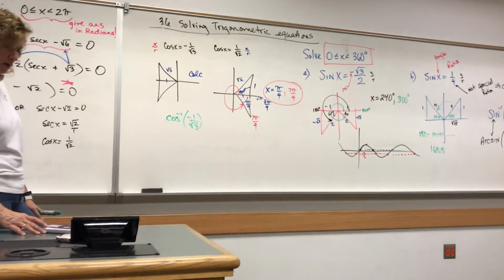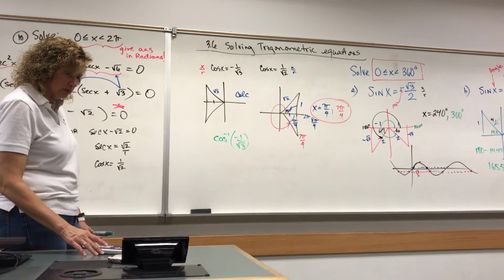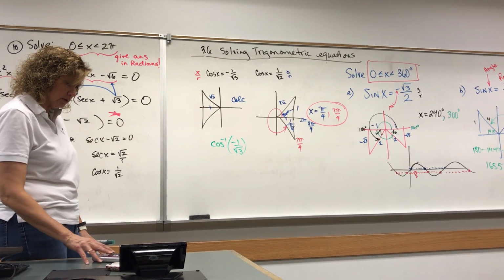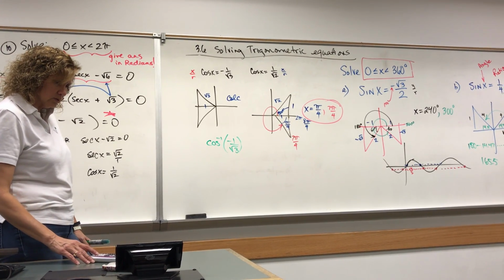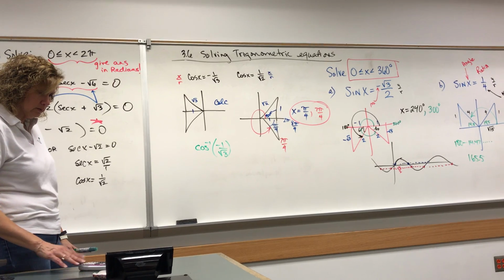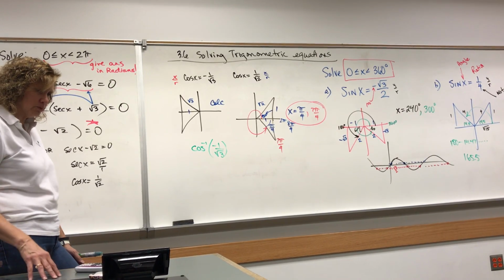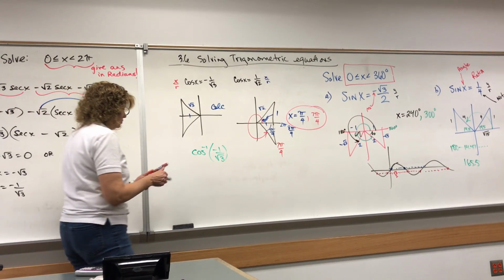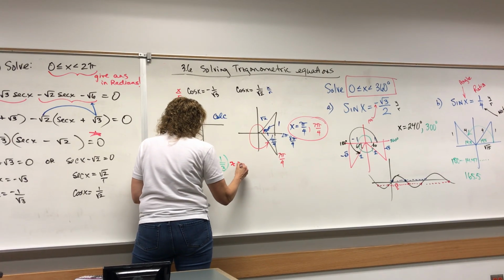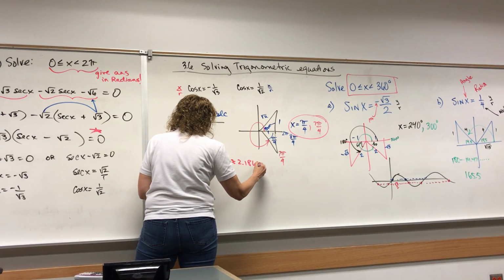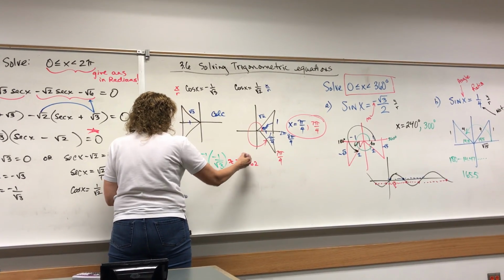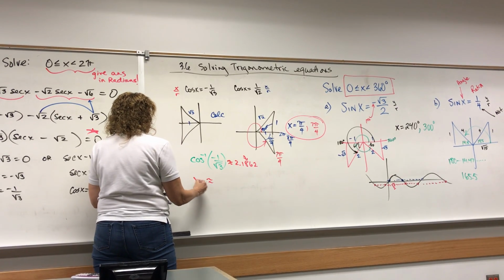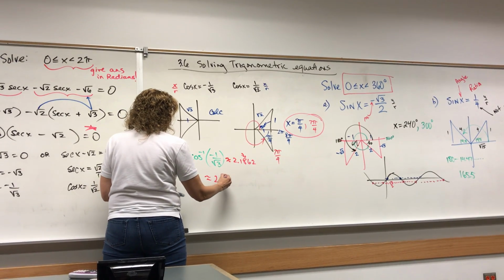Inverse cosine of negative 1 divided by square root of 3. Close your parentheses just to be on the safe side. All right, hit enter. 2.1862. So we're going to give it to the hundredths just because I decided. So x is approximately 2.19.